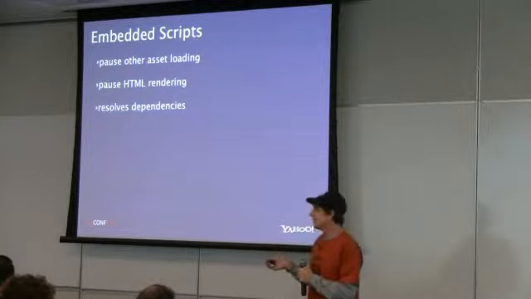Next approach we'll look at is creating your scripts dynamically. So what we're doing here is creating some script nodes, giving them a source, and manually loading those. So what's the difference here? Well, we're talking about dynamic scripts now, so those are taken right out of the normal browser rendering thread, if you will.